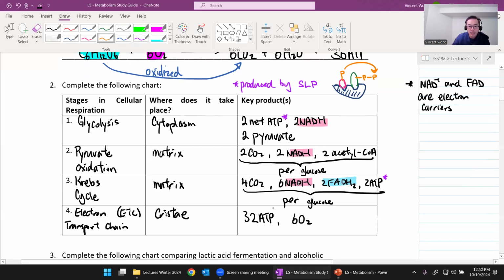Okay, so these ATPs, they are produced by not substrate level phosphorylation, not this way, but the other way, which is called oxidative phosphorylation. Okay, that's that.